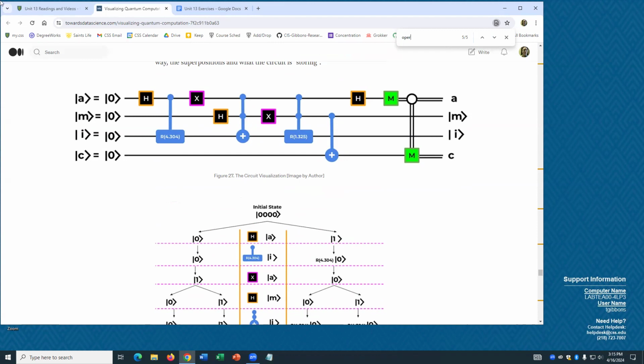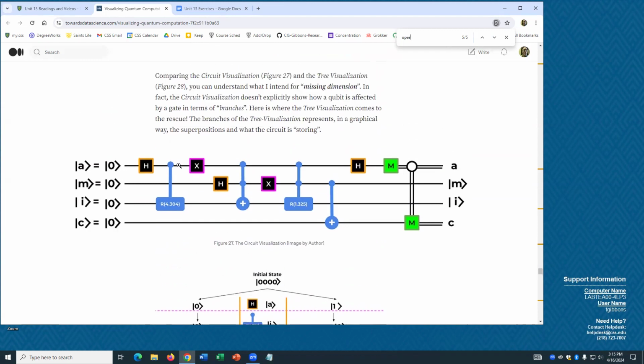If I wanted to learn more, I would look at this H operator and how it works. That's what they're often doing: they start with a regular binary bit, and they put it through, and now it's in superposition where it can be multiple things.